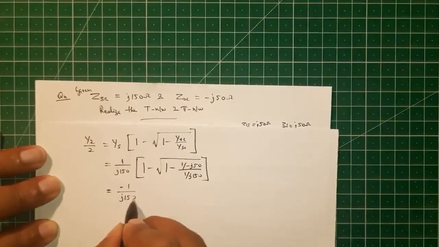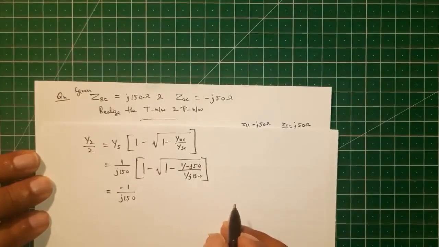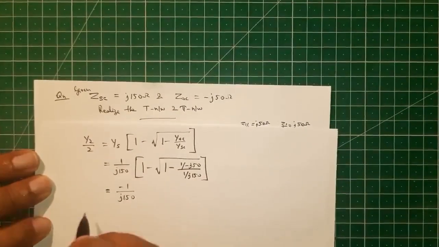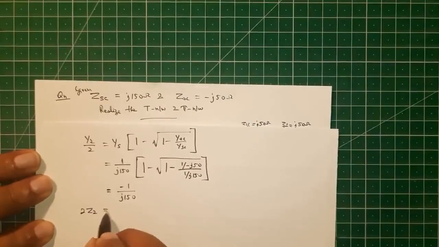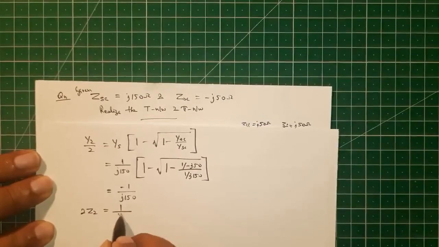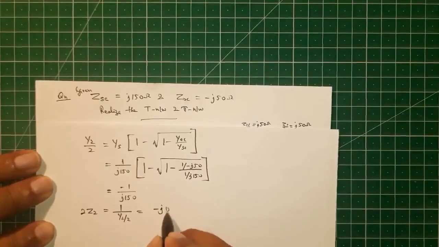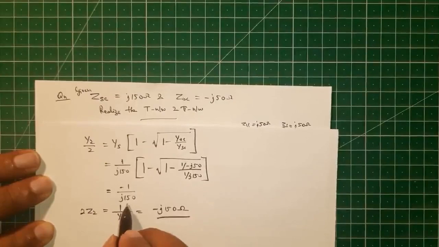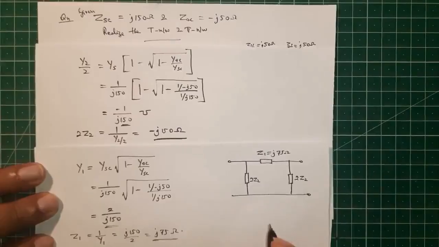So we have minus 1 by j150. So this is our y2 by 2. So what is 2 Z2? It is the inverse of this. 1 by y2 by 2 is equal to minus j150. The unit of y is ohm inverse.